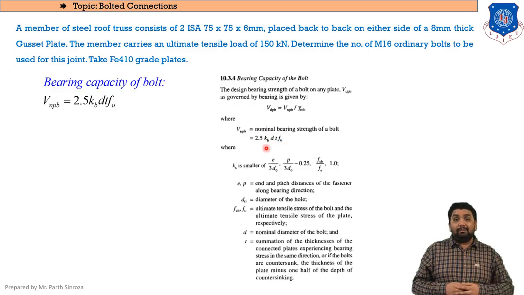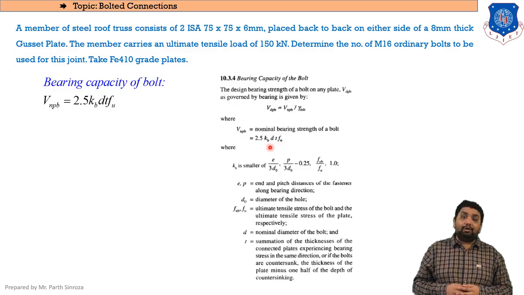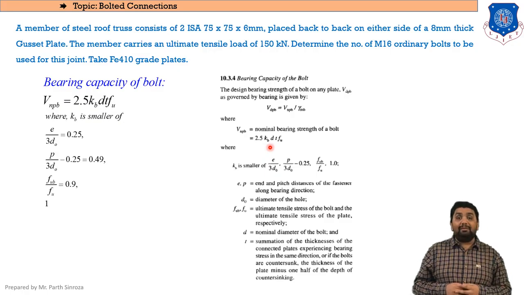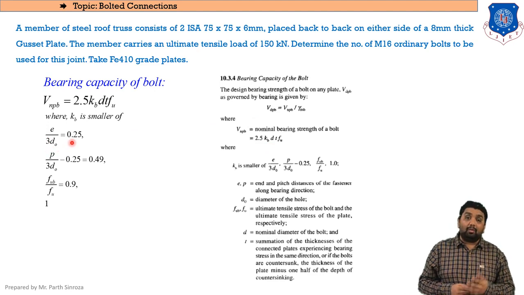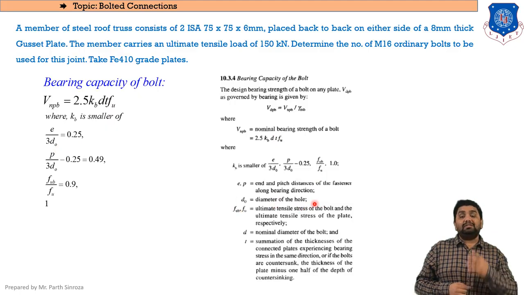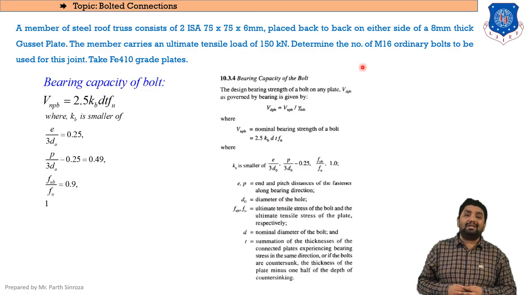The first thing we will be calculating here is kb, and for finding kb we will be equating 4 values. The first is e upon 3 d0. Now what is d0? d0 is the hole diameter. Clear? In the question it is mentioned that M16 bolts are used. So as per our last lecture, we discussed that for M16 bolts we will be using 2 mm as our clearance.